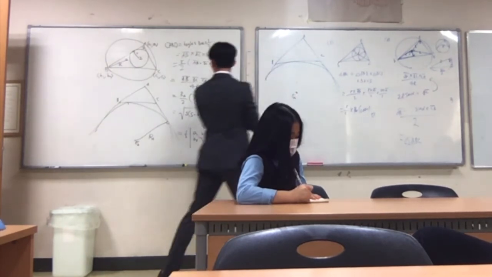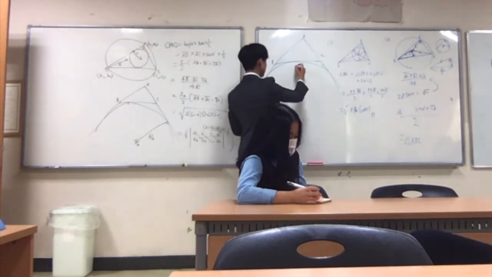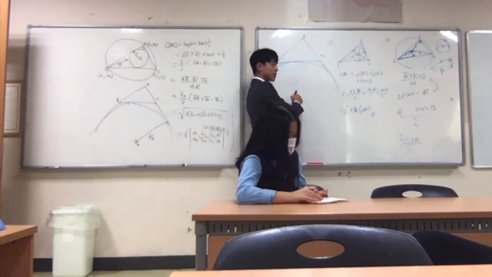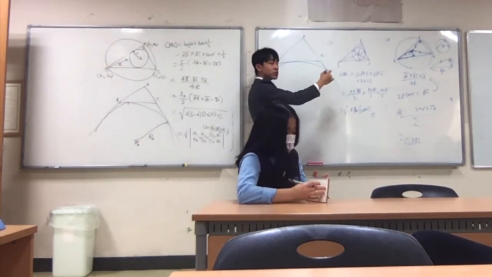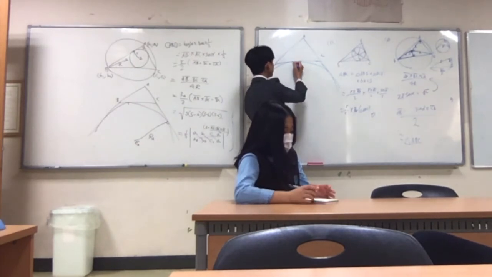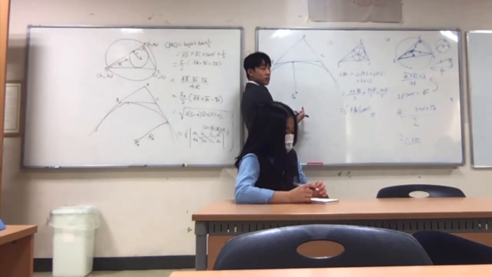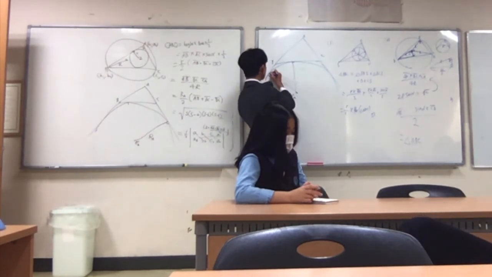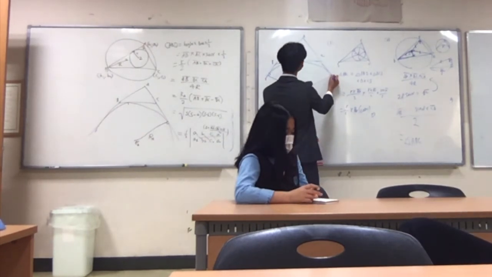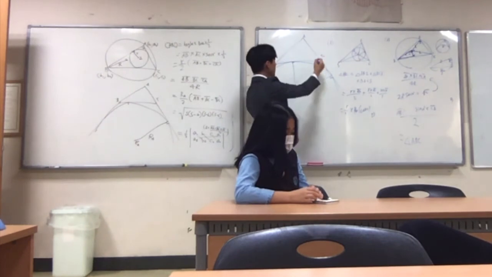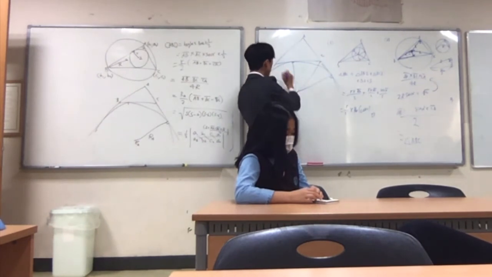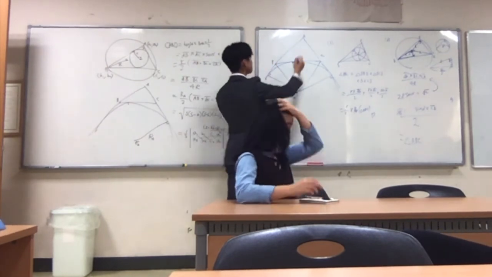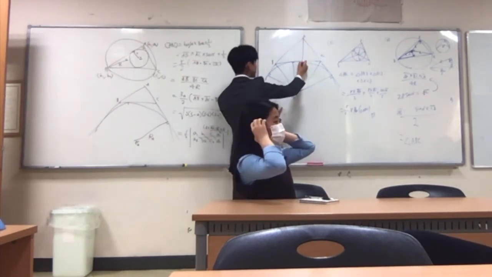So finally, for the excenter, we also know that the radius to a tangent is always perpendicular to the tangent. So we can make perpendicular lines to BC, and also to the extension of AB and the extension of AC. And we can connect C with the excenter, and also this line here.